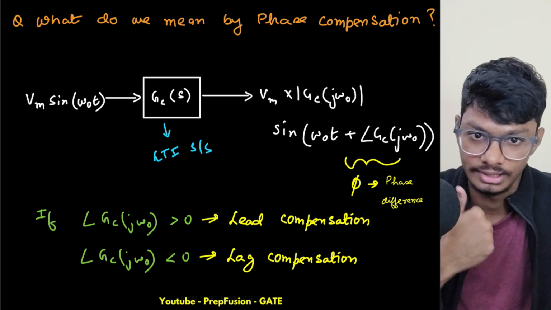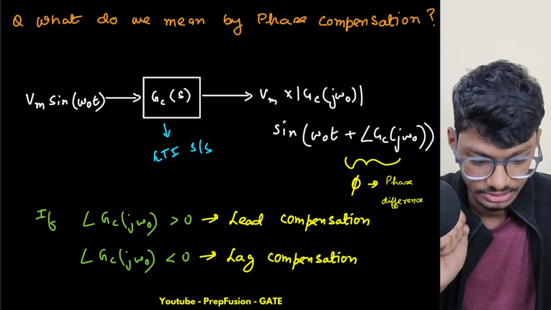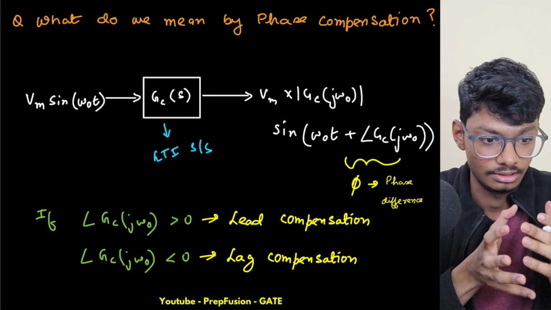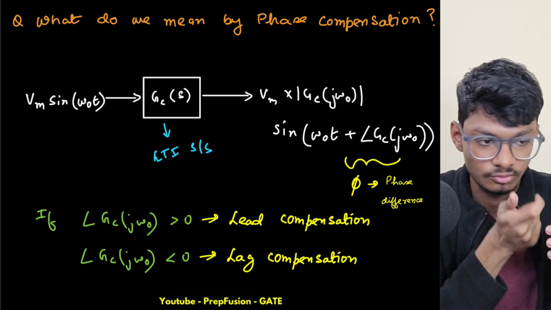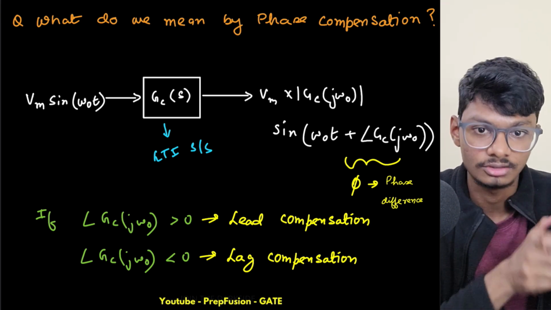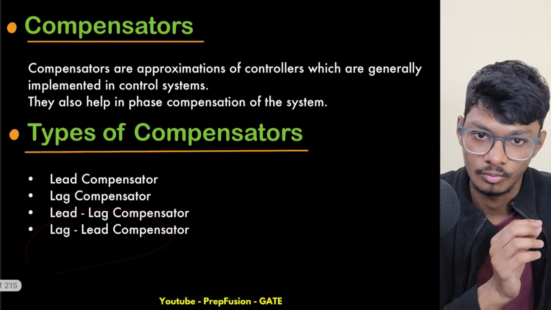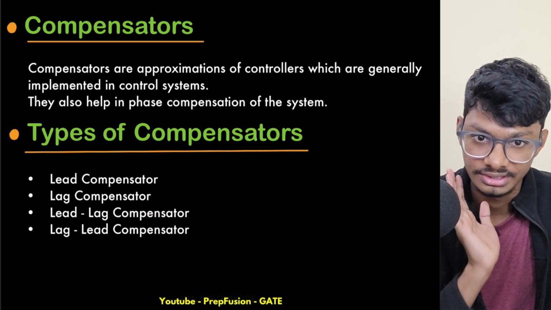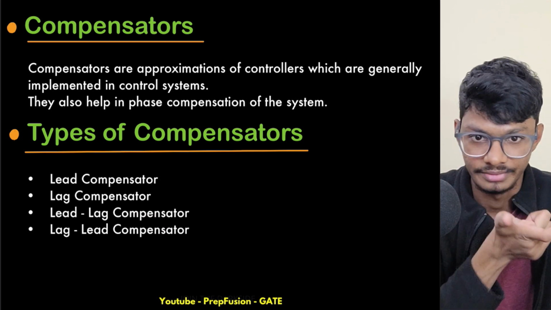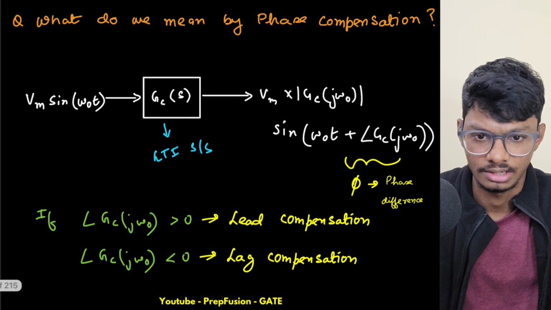So either it will provide lead compensation or lag compensation. If for a few values of omega it provides lead and for a few values of omega it provides lag, then it is called a lag-lead compensator, as mentioned here. If for all values of omega it provides lead compensation only, then it is known as the lead compensator, and the lag compensator definition is the same.